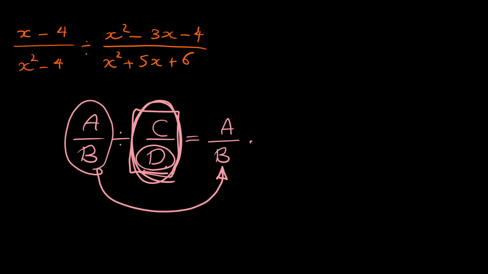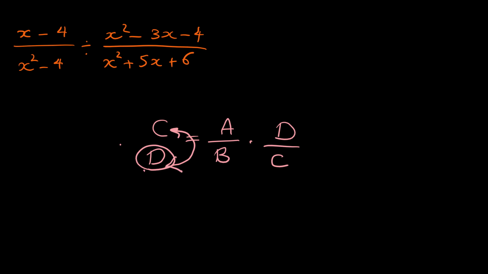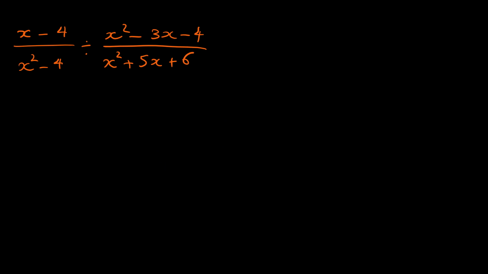So you have to multiply it by d over c. You have to change the numerator with the denominator. So for dividing two rational expressions, we multiply by the invert of the second rational expression.